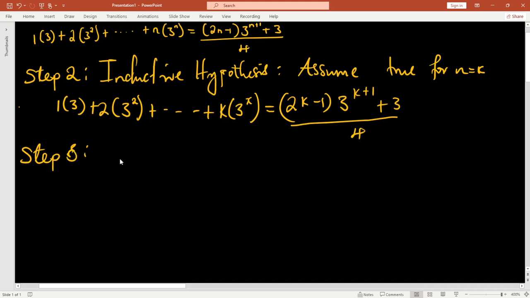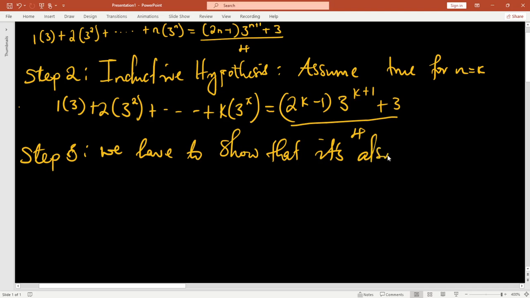So step number 3 here is that we have to show that it's also true for n equals k plus 1. So meaning that here we're adding a new term now, which is the k plus 1 term.